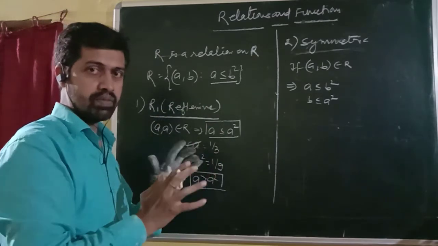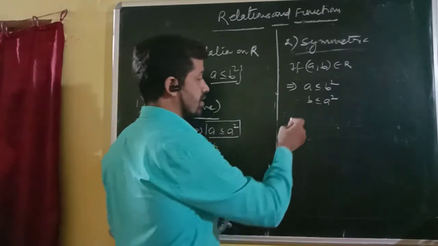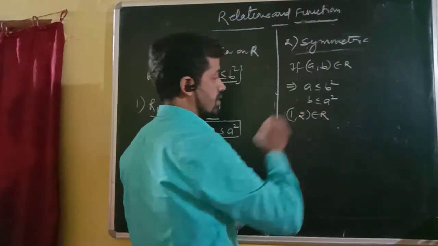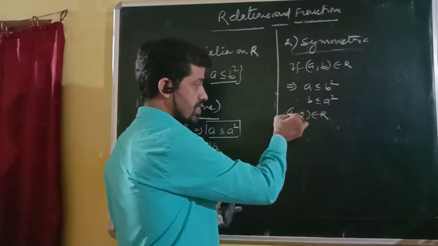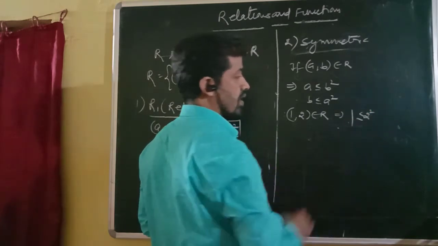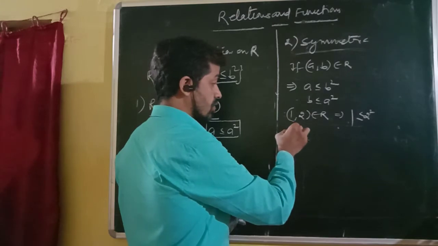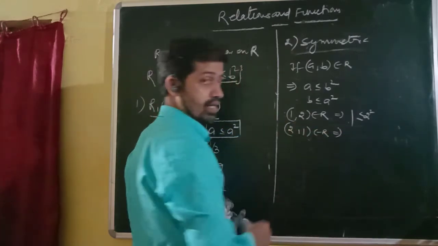Theoretically, it may not be as explicit as it should be. Take an example. 1 comma 2 belongs to R because 2 square is greater than 1. It is true. But does 2 comma 1 belong to R?